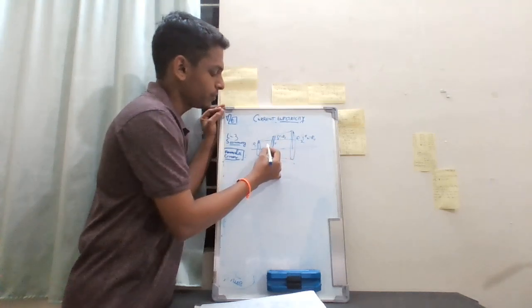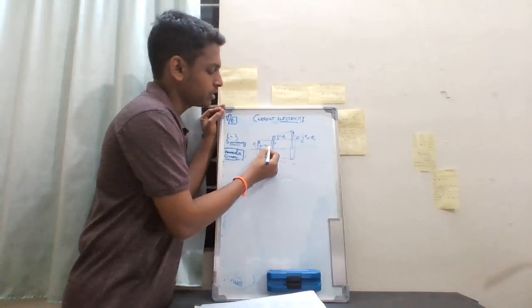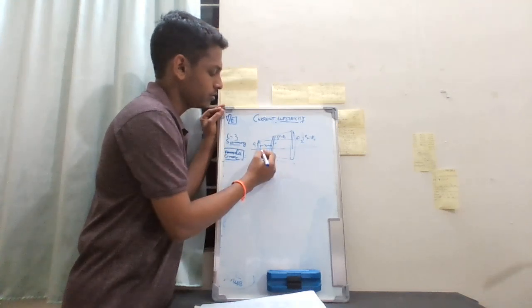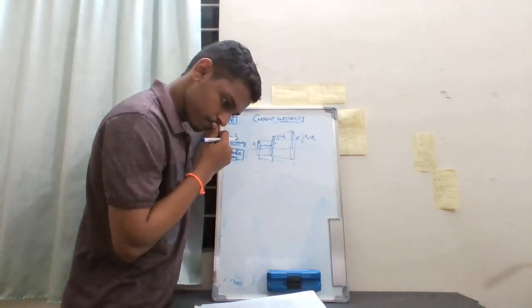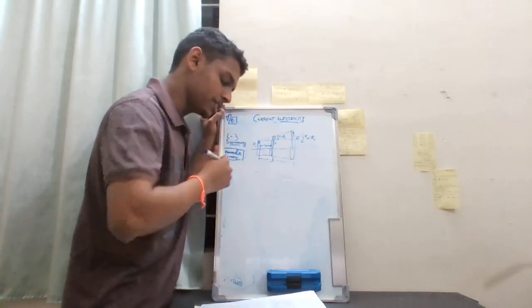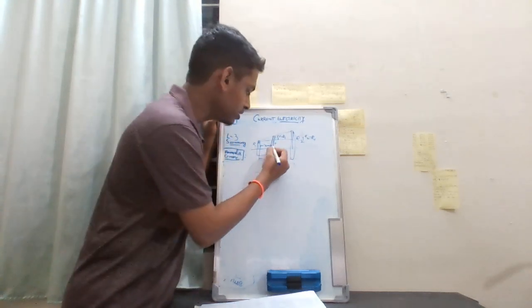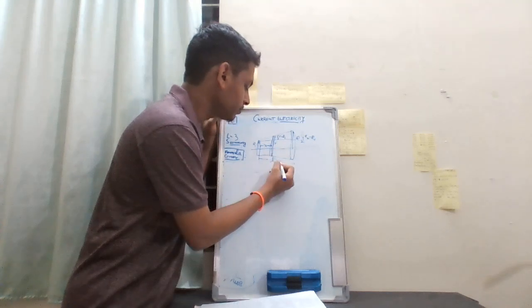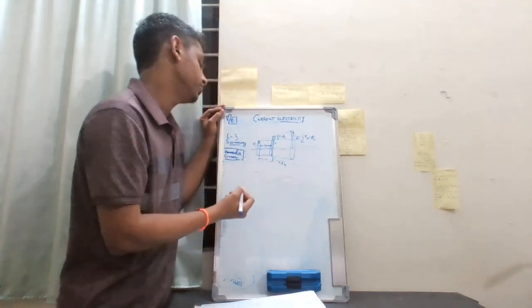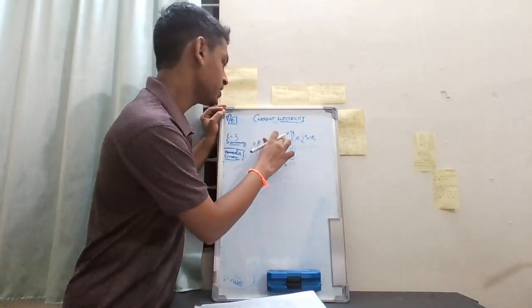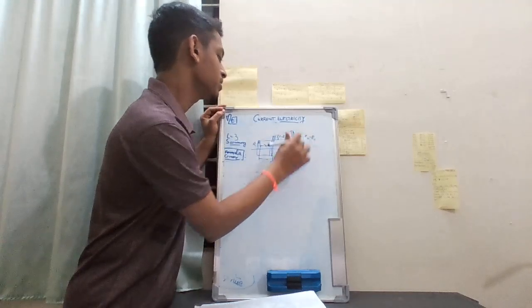If this is x, and the thickness is dx, then r minus R1 over R2 minus R1.